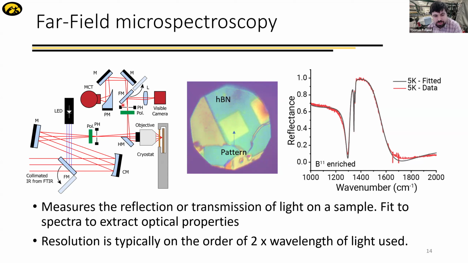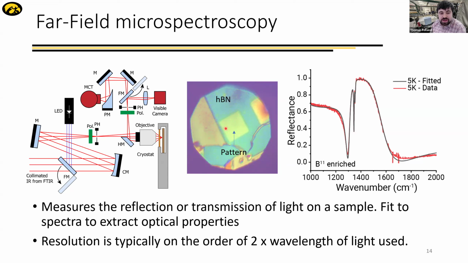So in practice, we're always limited by the diffraction limit, so we can't measure anything smaller than, say, roughly the wavelength of light, which is the primary limitation, but in theory, we can work at any wavelength. So this is actually an image taken in our Humboldt microscope system of a flake of hBN.